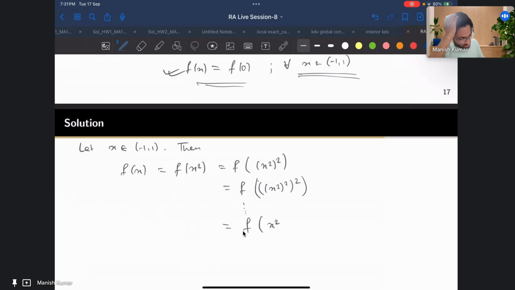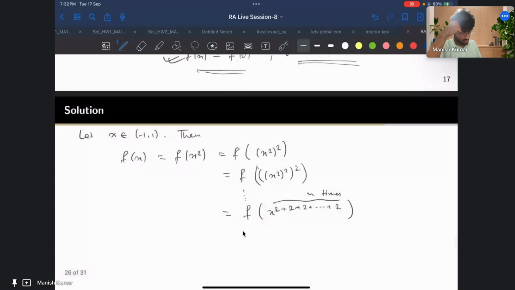At each level you are taking the square every time. So it is 2 plus 2 plus 2, n times. Is this correct? No, sorry, why am I doing plus?